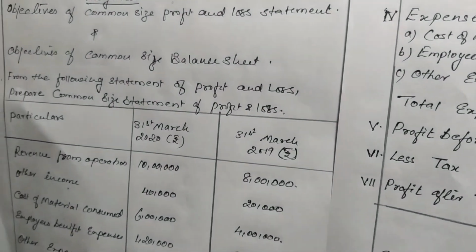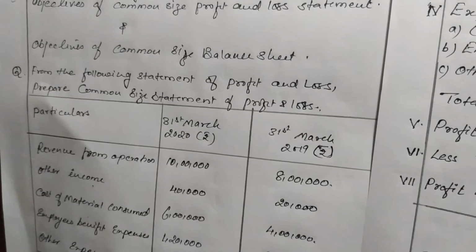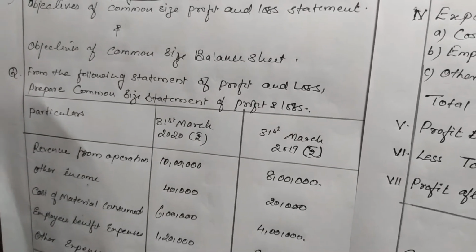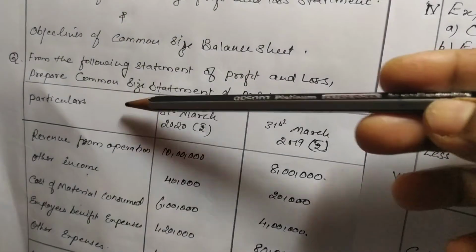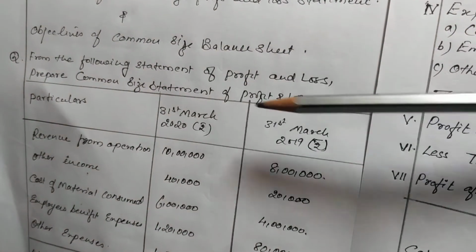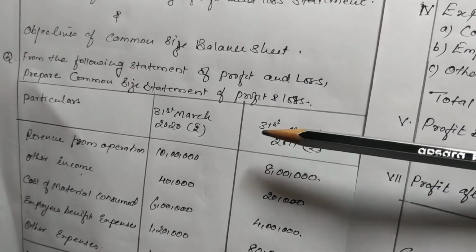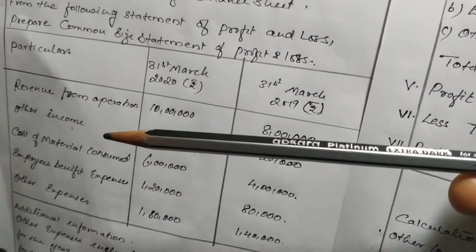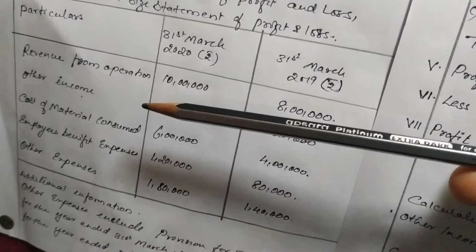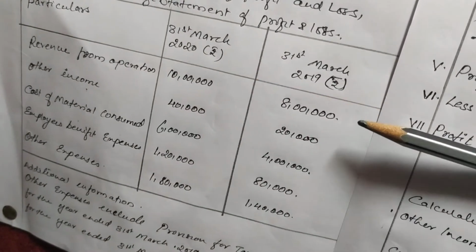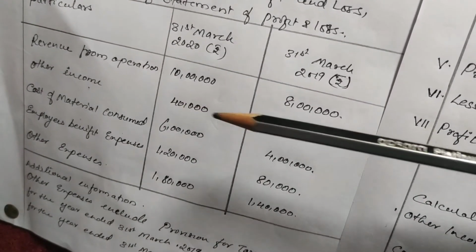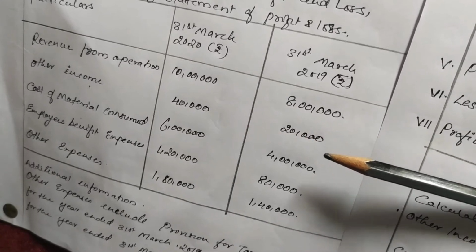So here you have a question of common size statement of profit and loss. From the following statement of profit and loss, prepare common size statement of profit and loss. Here you are given in the question revenue from operation, current year, previous year. Other income, current year, previous year.